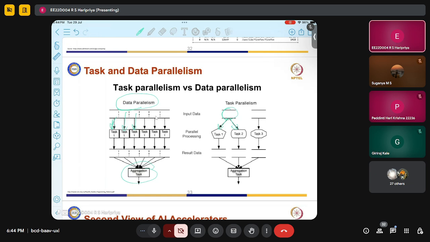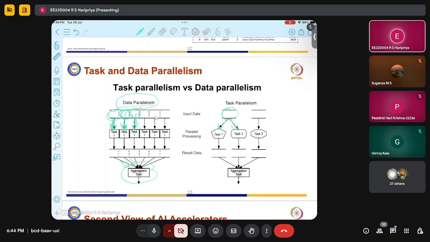Like this block of data goes to this task, this block goes to this task, and the third block goes to the third task, and we aggregate all these results.